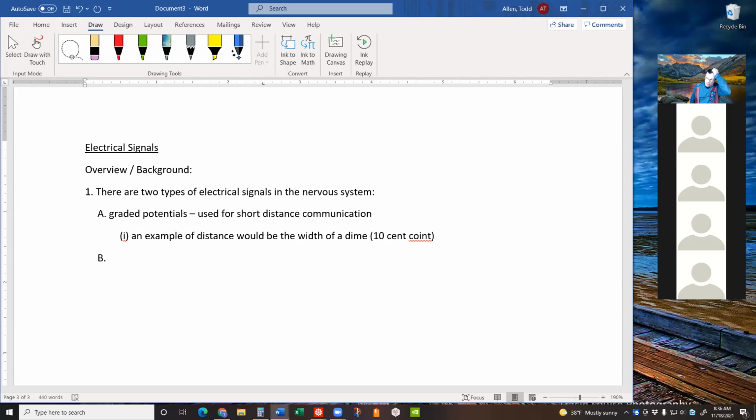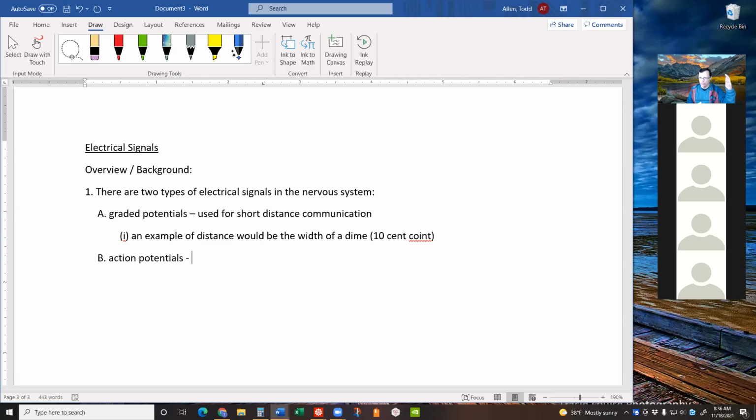The second type of electrical signal, which is a little bit more famous, is the action potential. Action potentials are used for long distance communication, right? If we think about a neuron that is starting at your hip and running down your entire leg to your foot, that axon could easily be over 3 feet long.